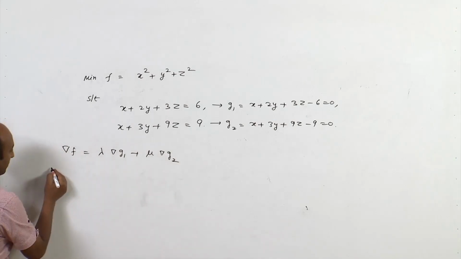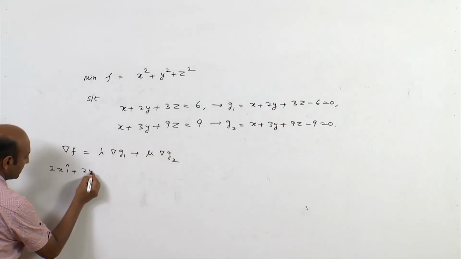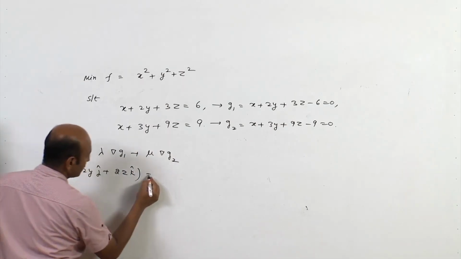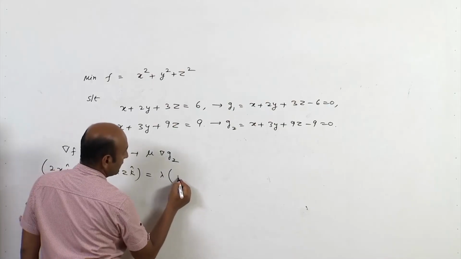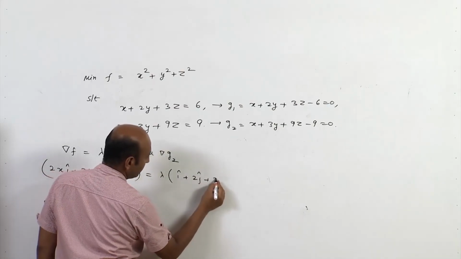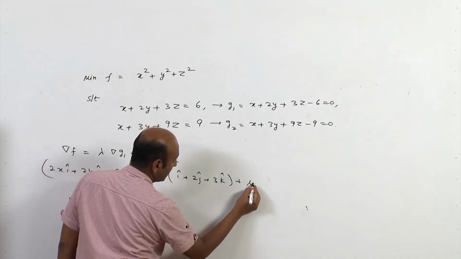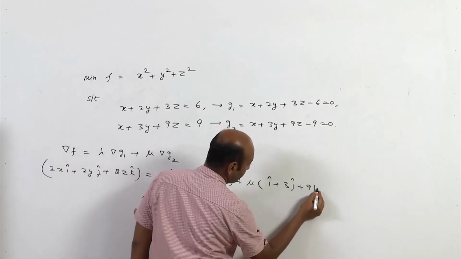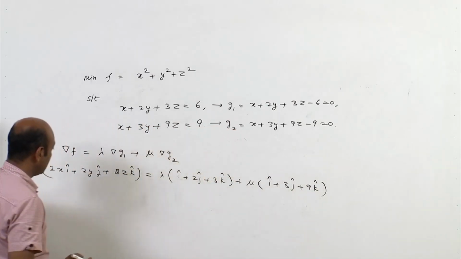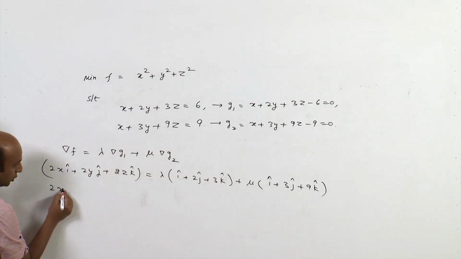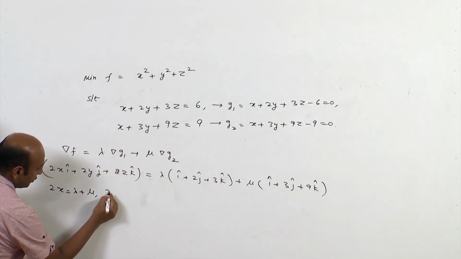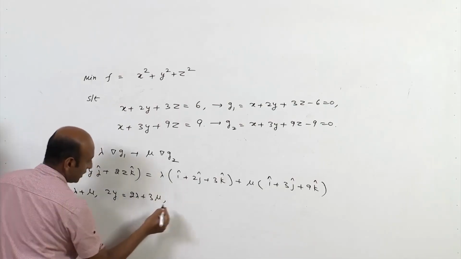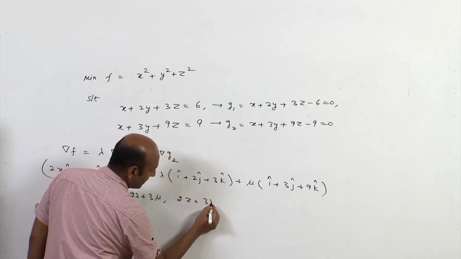So the gradient of f is 2x i cap plus 2y j cap plus 2z k cap, which equals lambda times (i cap plus 2j cap plus 3k cap) plus mu times (i cap plus 3j cap plus 9k cap). You form the equations from here: 2x equals lambda plus mu, 2y equals 2 lambda plus 3 mu, and 2z equals 3 lambda plus 9 mu.